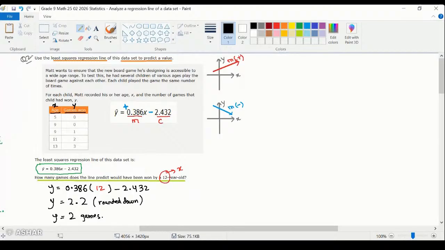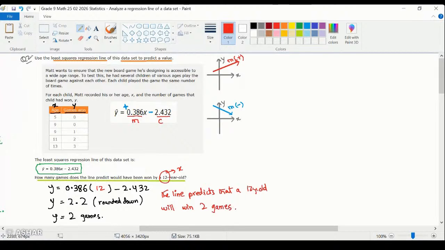So what we can predict is the regression line predicts that a 12-year-old will win 2 games.